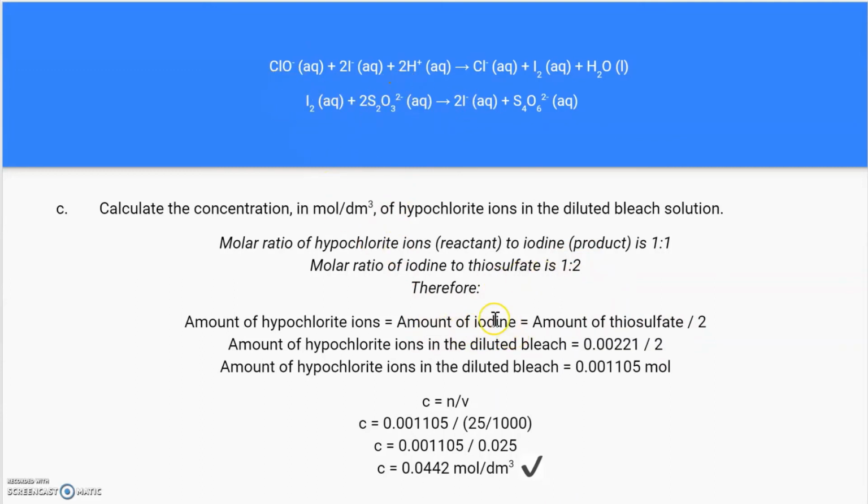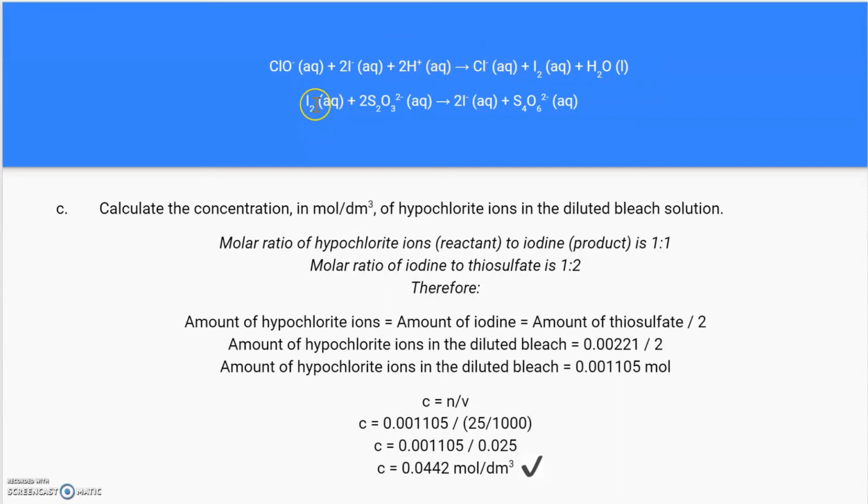That amount of iodine will be the same one as the amount of the hypochlorite ions in the original volumetric analysis that was run. Why? Because the coefficient of iodine as a reactant in the titration reaction is the same as the coefficient of iodine as a product in the volumetric analysis reaction.